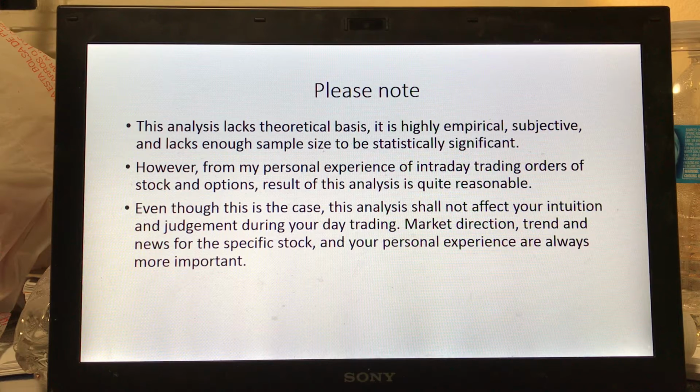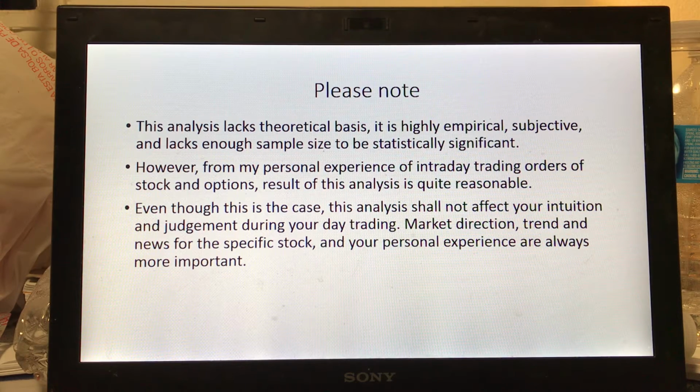However, from my personal experience of intraday trading orders of stocks and options, which is more than 1,000, the results of this analysis are quite reasonable. It matches my understanding of the stock market inside the trading day. However, even though this is the case, this analysis shall in no way affect your intuition and judgment when you place your day trading orders.